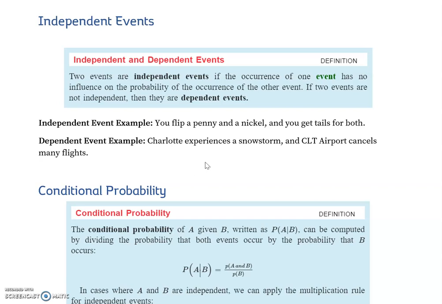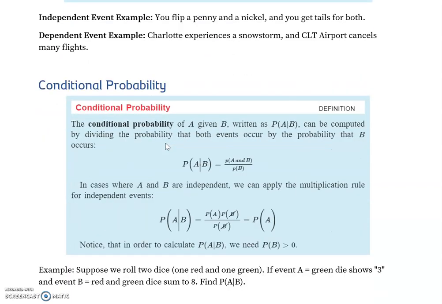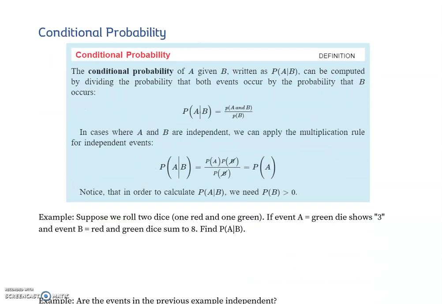Okay, so those are just the general ideas. For conditional probability, we're going to have a slightly more formal way of looking at how we know if two events truly are independent. Before we get there, let's talk about what a conditional probability is. The biggest thing is we recognize these as conditional probabilities when we see this kind of language: A given B, given being the operative word here.